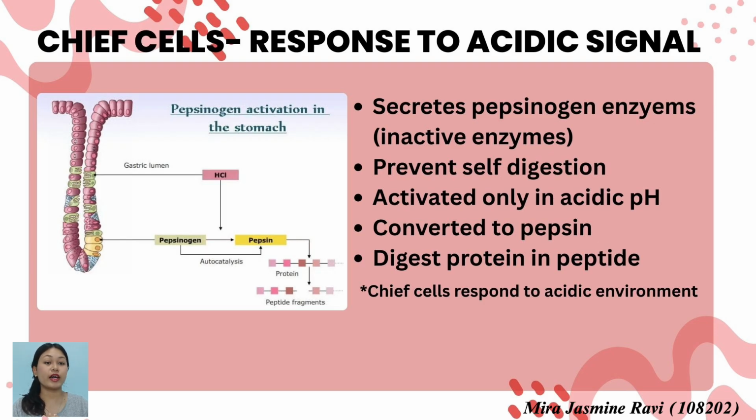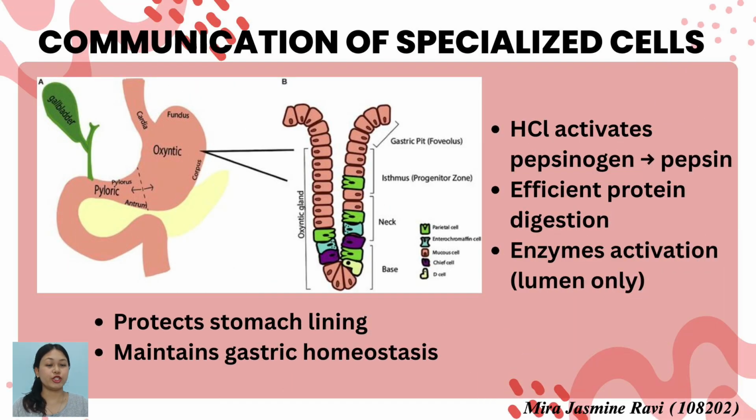The acidic environment produced by the parietal cell converts pepsinogen into pepsin, the active enzyme responsible for protein digestion. This cooperation ensures digestion occurs efficiently while preventing damage to stomach cells.